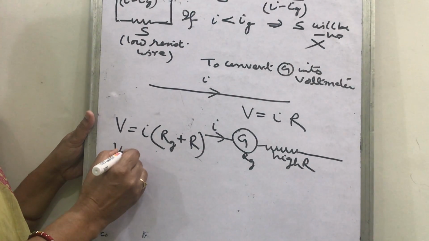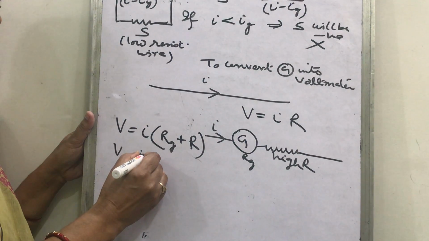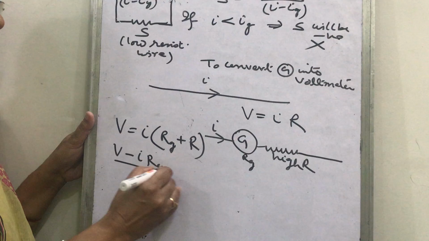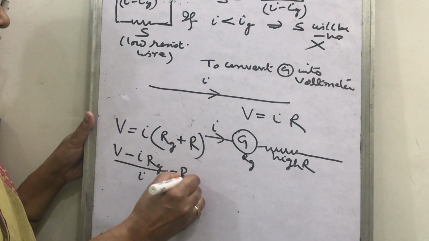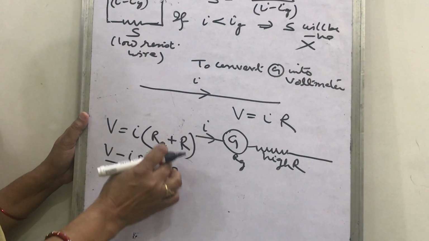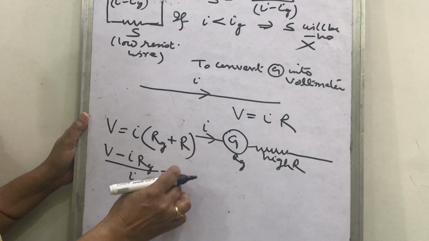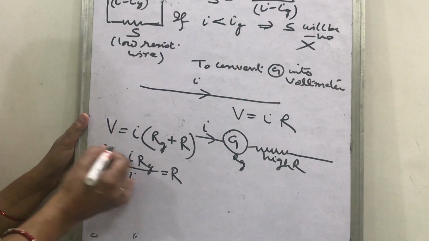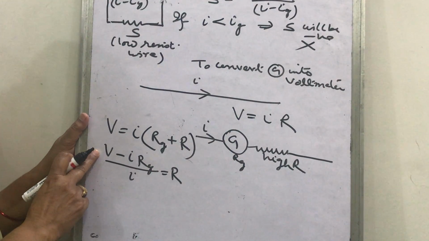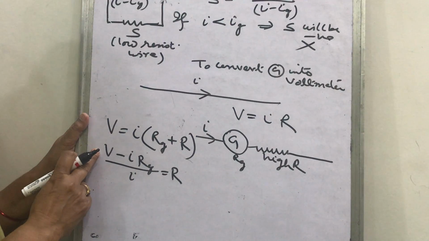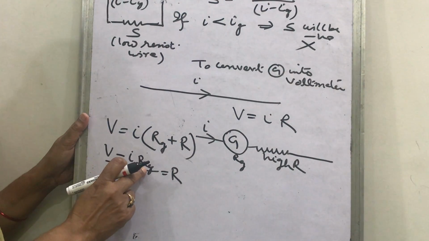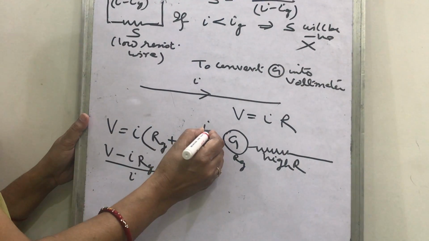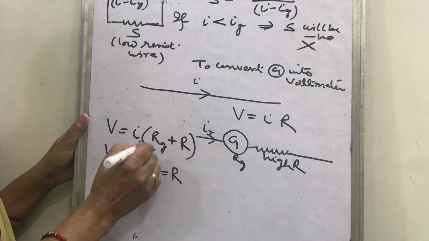You can find R equal to V minus I Rg, upon I. So the value of R can be given like this, for a voltmeter of given range, that is, up to how many volts it can read, where the galvanometer has coil resistance Rg, and Ig is the current for full scale deflection.